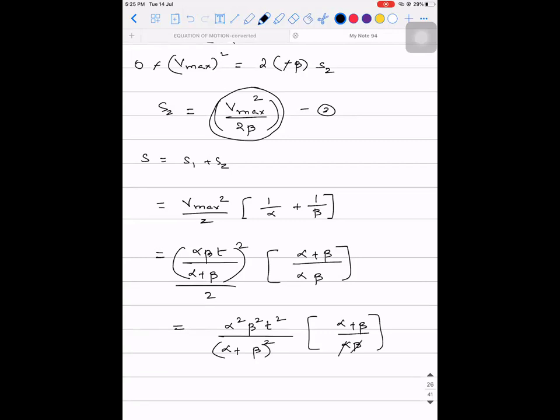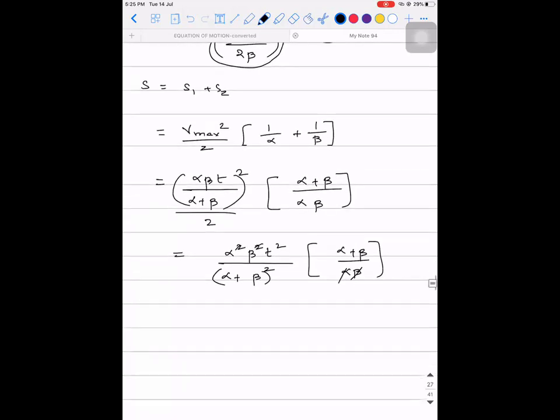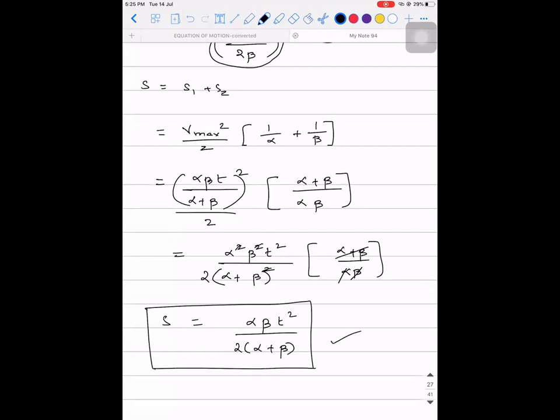So alpha beta and one alpha plus beta are gone and there is a 2 left over here. So what is the answer? Alpha beta into T square divided by 2 into alpha plus beta. Did you understand what I did? Yes, sir. This is a very good problem. Please mark it as important and try it again.